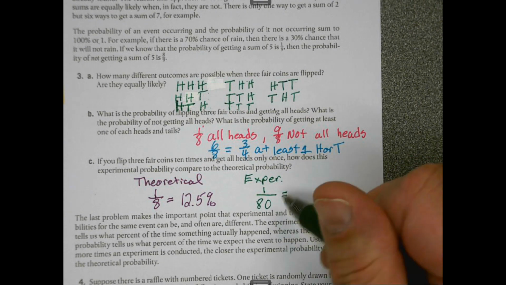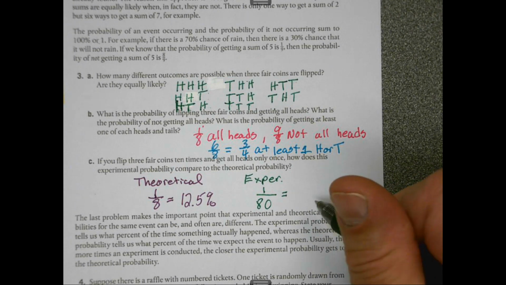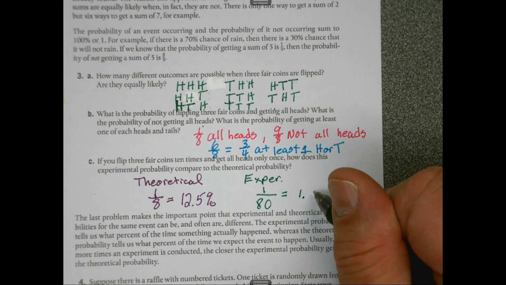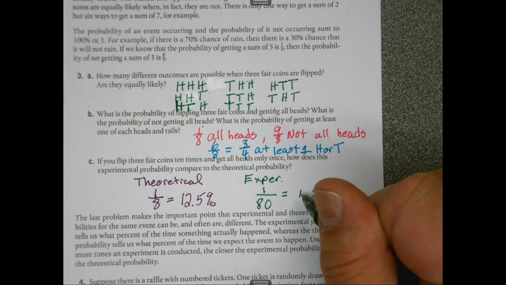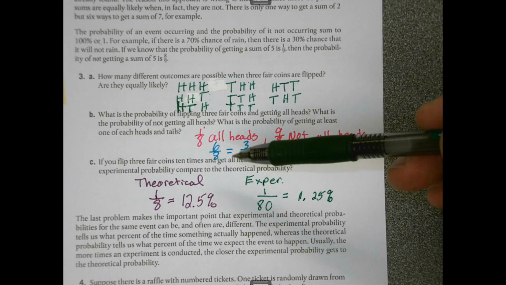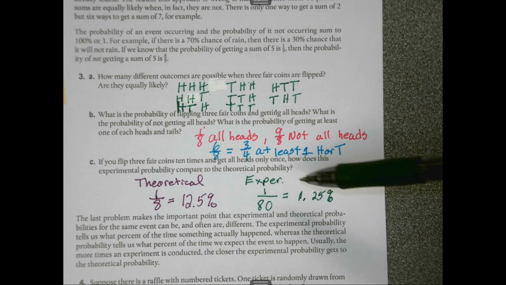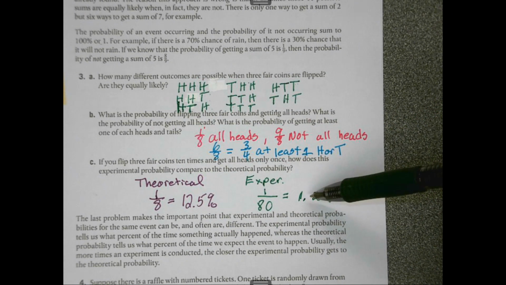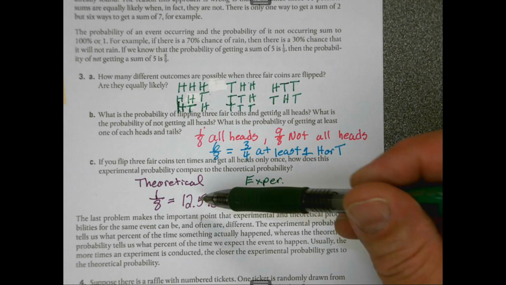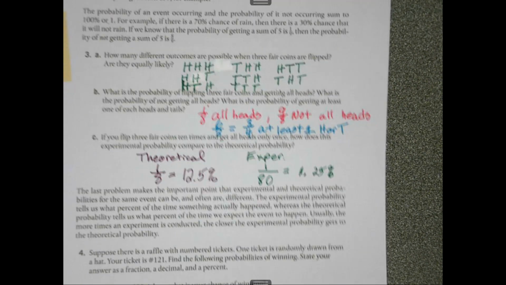All right. The last problem makes an important point that experimental and theoretical probability for the same event can be and often are different. The experimental probability tells us what percent of the time something actually happens, whereas a theoretical probability tells us what percent of the time we expect the event to happen.